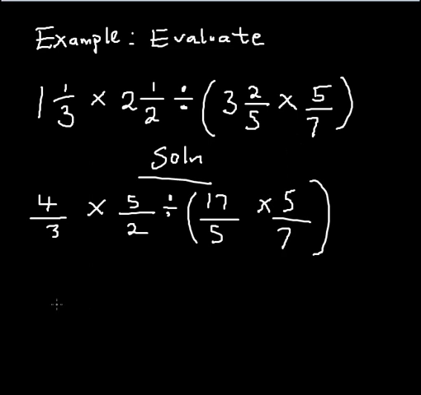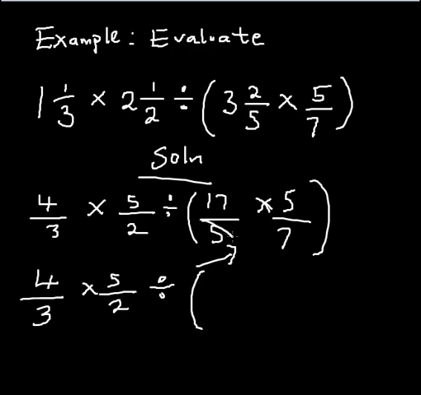So what do we start with? We start with the brackets. So I'll write the others down because I want to work on the bracket. 5 cancels 5, that's 1. So I'm left with just 17 all over 7.